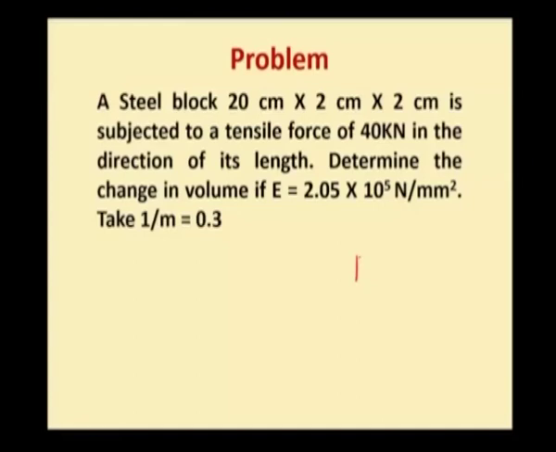So, we have a steel block in the form of a rectangular block. Length of this steel block is 20 centimeter, the other two dimensions, breadth 2 centimeter and thickness also 2 centimeter. It is subjected to a tensile force of magnitude 40 kilonewton.